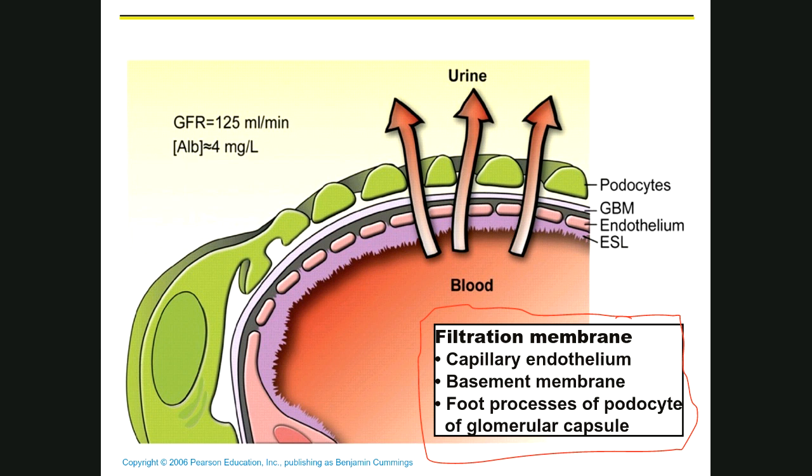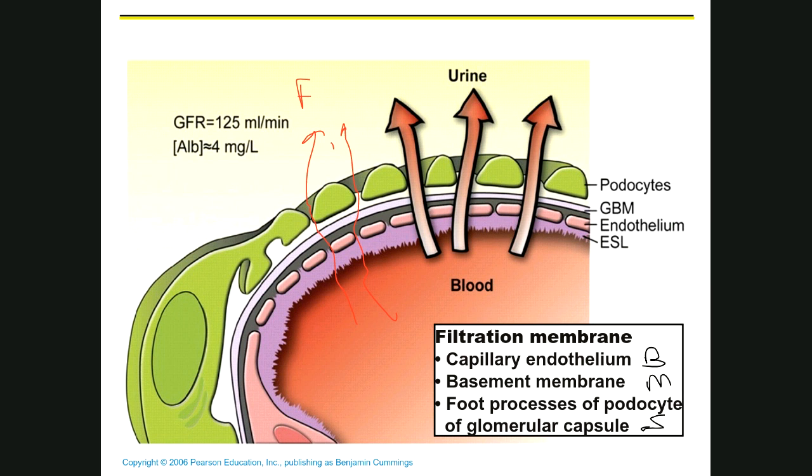And the holes get smaller and smaller and smaller. The capillary has the biggest holes, then we have medium-sized holes, and then the smallest holes right here. And anything small enough to go through the smallest holes is going to become filtrate.